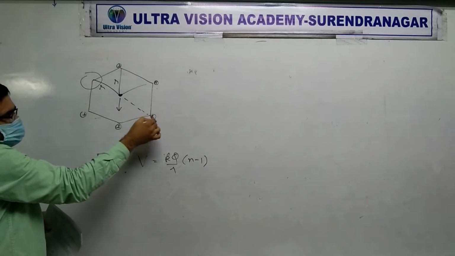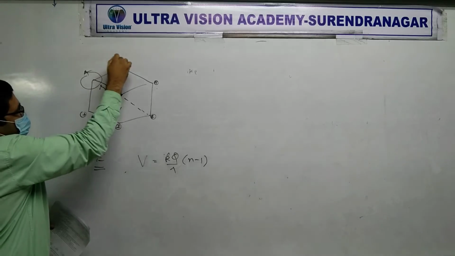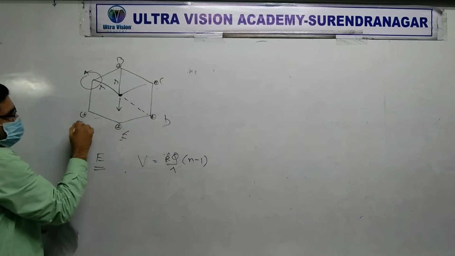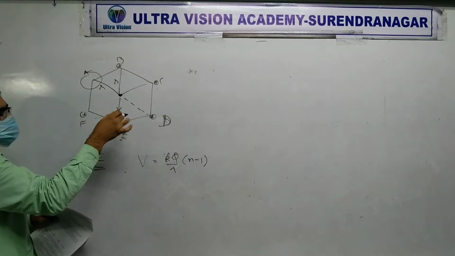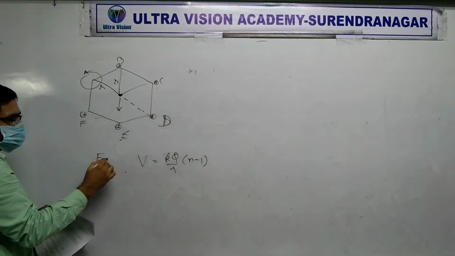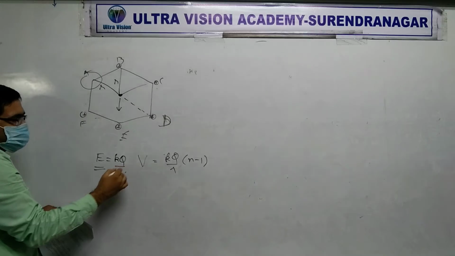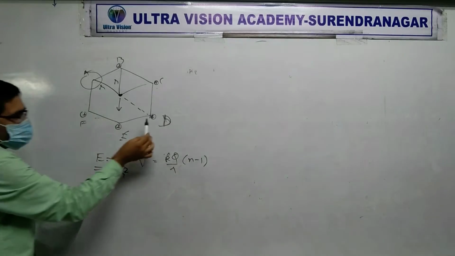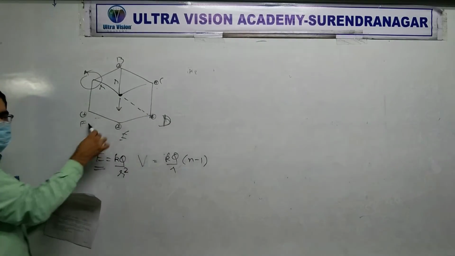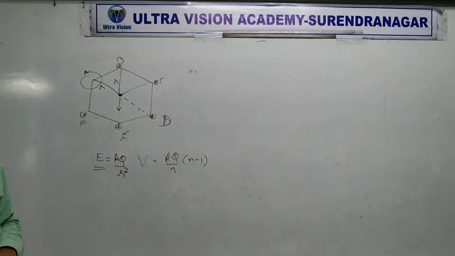Let's say the corners are A, B, C, D, E and F. The one due to D will not get cancelled, others will get cancelled. So due to one will remain, and this will be kq by r square. Do you understand? Sure, because due to one it's remaining, due to the others it gets cancelled.